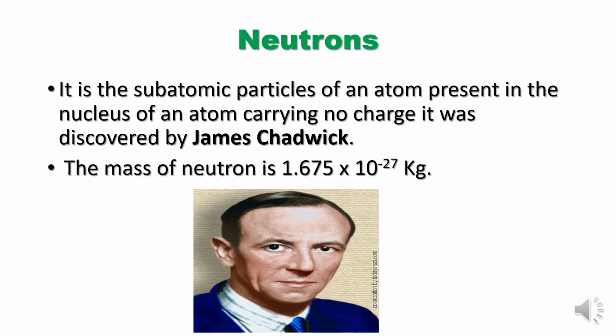So these are the particles that are present in an atom, children. Electrons were discovered by J.J. Thomson, as you learned in the last class. Protons were discovered by Goldstein, and neutrons were discovered by James Chadwick.